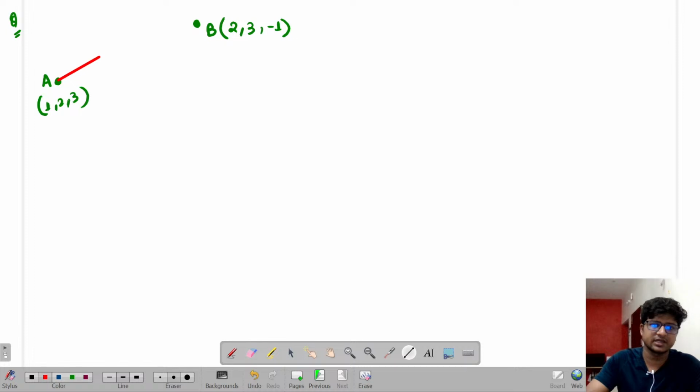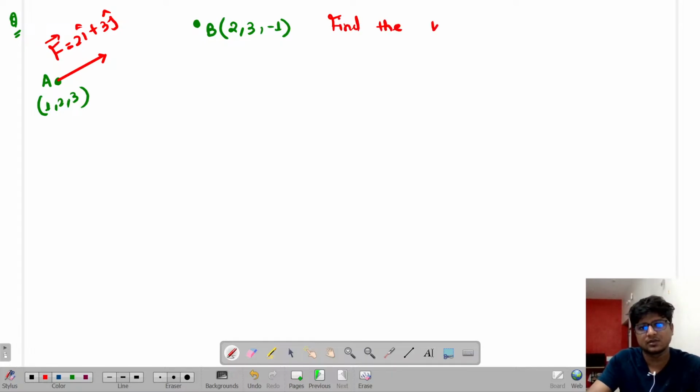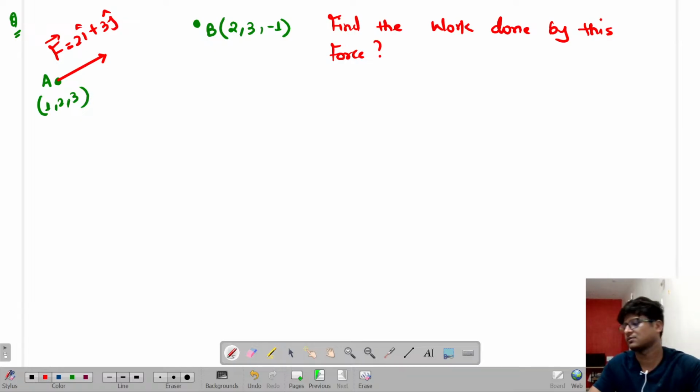Means this particle is taken from A to B by a force 2i cap plus 3j cap. Then the question is simple: find the work done by this force. Tell me fast. Find the work done by this force.